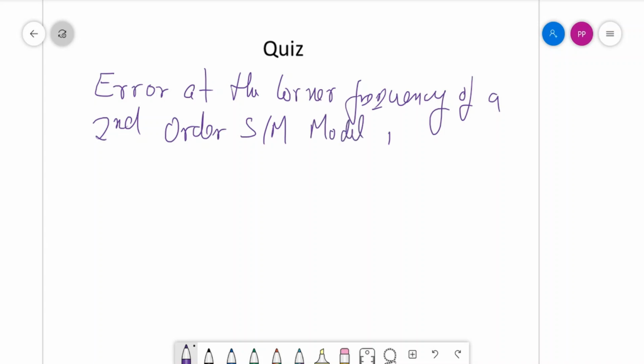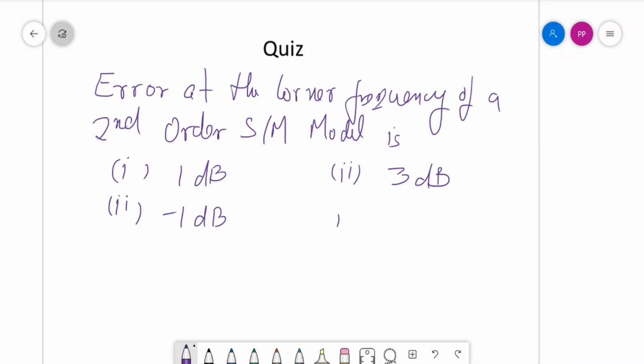is, you will get four options in this. First is 1 decibel, second option is 3 decibel, third option is -1 decibel, and fourth option is -3 decibel.